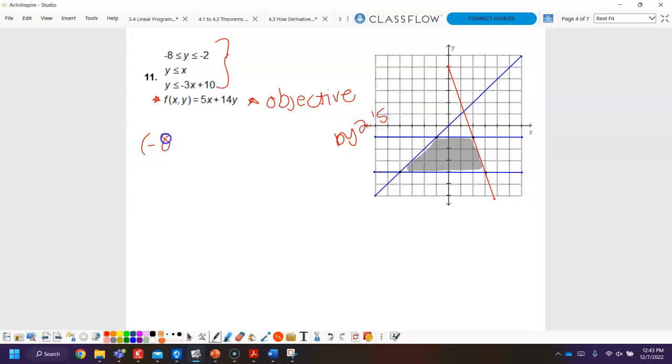So you have -8. Good. And then what you do is you take those two numbers and you plug them into your objective. So this point right here is -8, -8. You take them and you plug them in. So -40, negative 112 maybe. So you have -152.